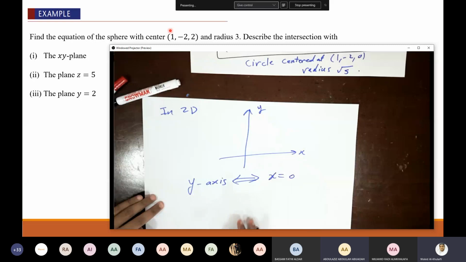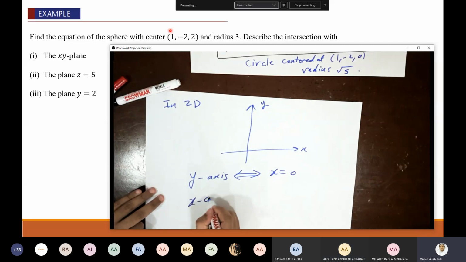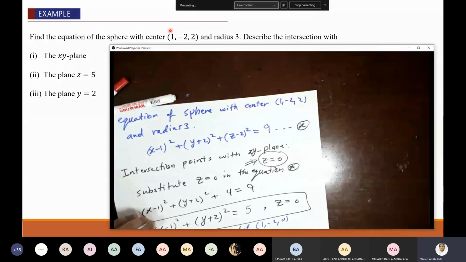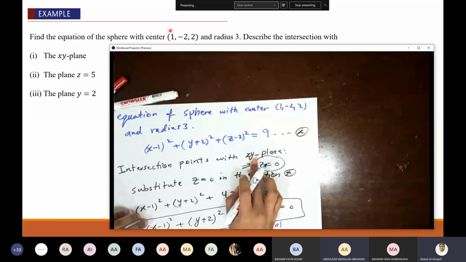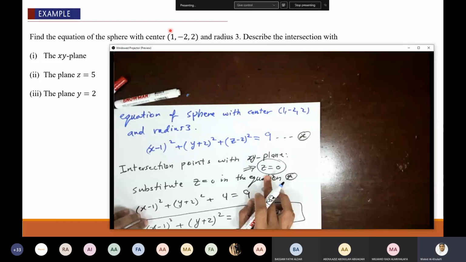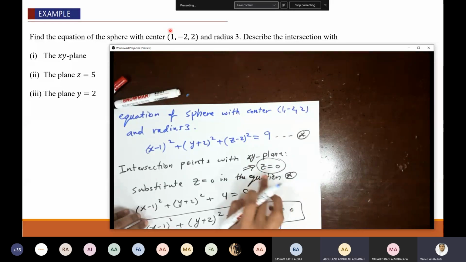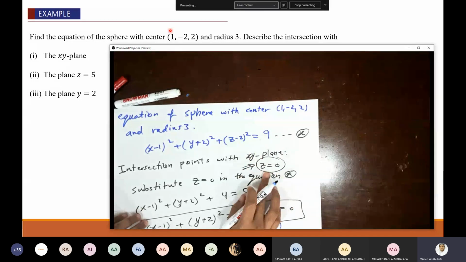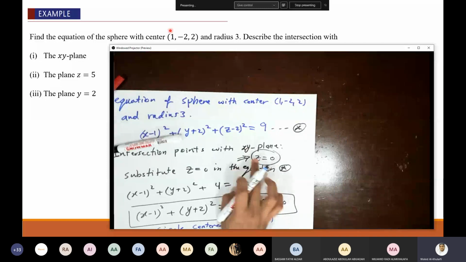Sorry, x equals 0, right? The x-axis, you represent it as y equals 0. Here it is the same situation. When you say xy plane, you mean z equals 0. And the yz plane, x equals 0. You take the other variable which is not there and make it equal to 0.